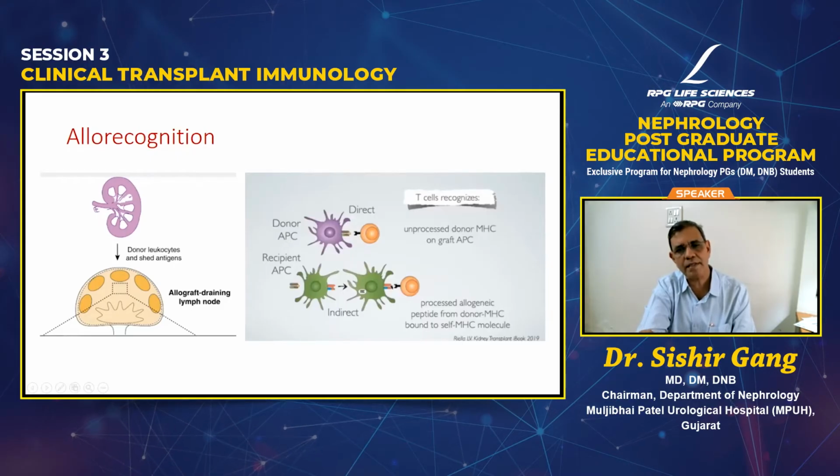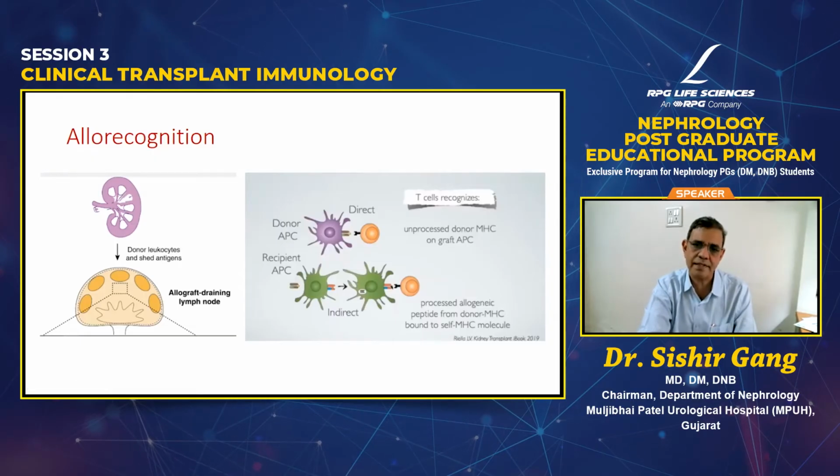However, there's another mechanism also where it can have an indirect response. The antigen which is recognized by the T cell as a foreign antigen is usually the antigens of the HLA system, that is the human leukocyte antigen system.